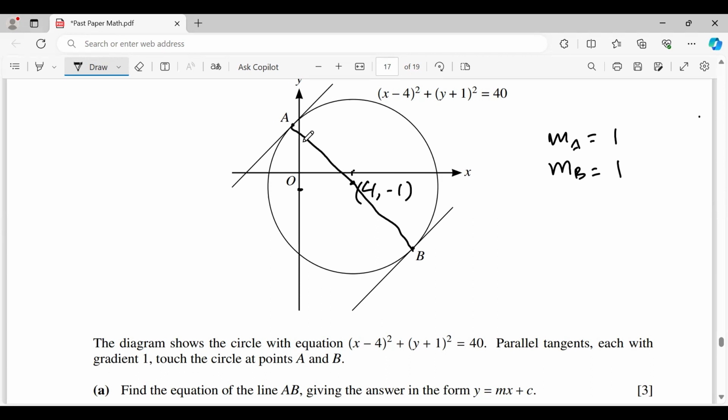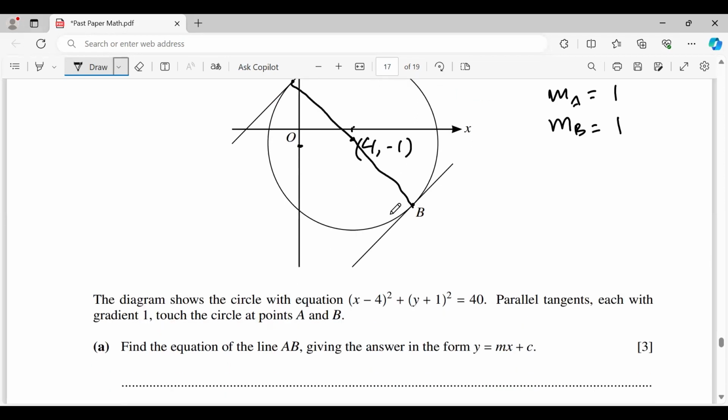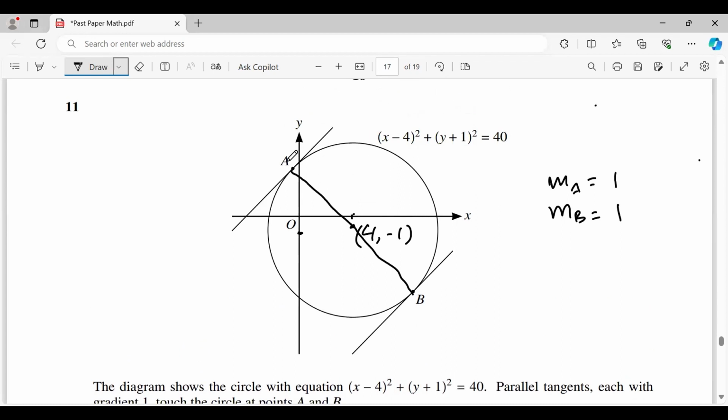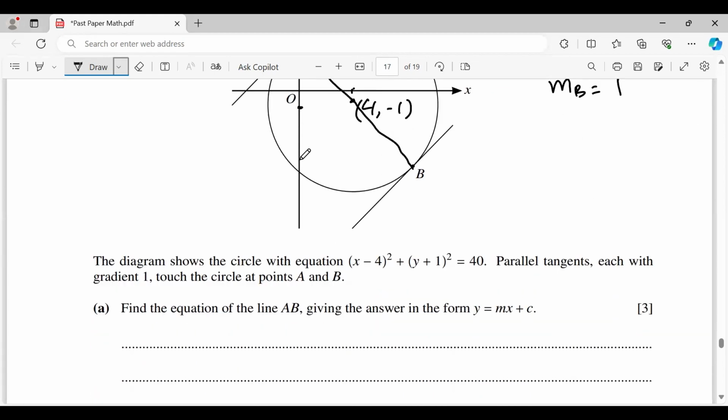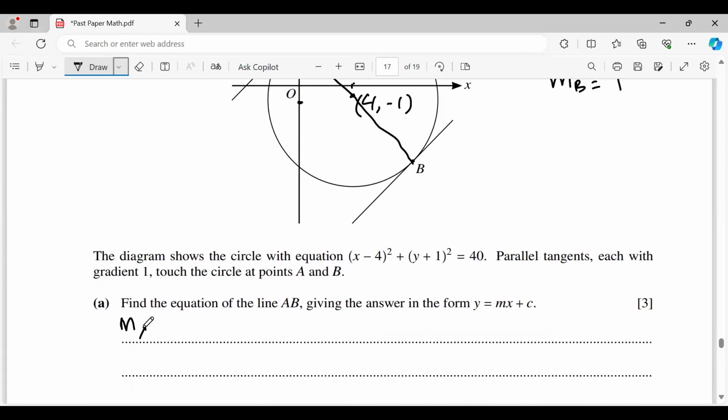So we are going to find this straight line equation with the information that the straight line is perpendicular to straight line A. It means the gradient of straight line A times the gradient of AB should equal -1, because these two lines are perpendicular to each other.